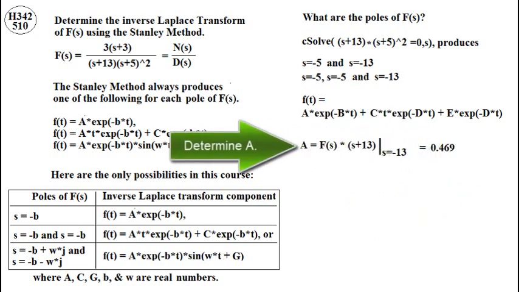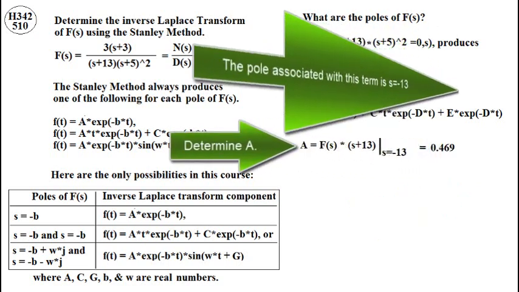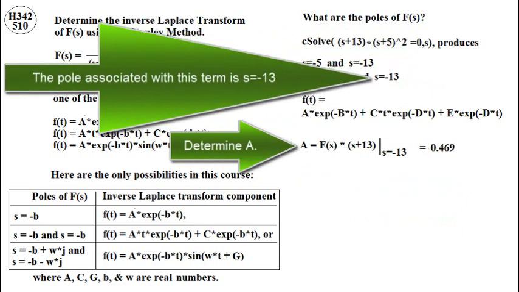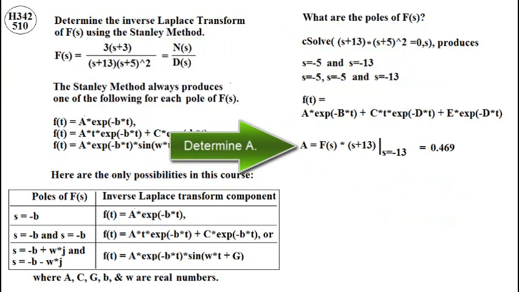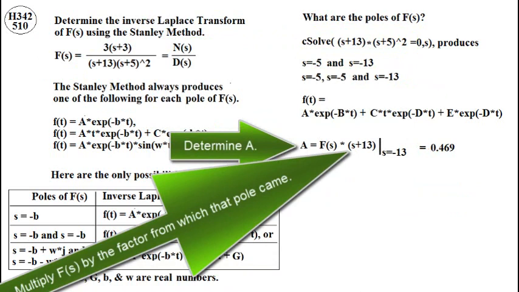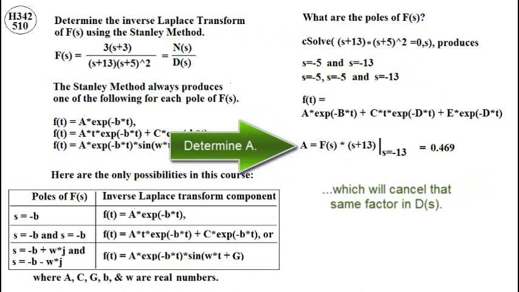Determine A. The pole associated with this term is s equals -13. Multiply the function by the factor from which that pole came, which will cancel that same factor in the denominator. And then evaluate what's left at the pole.